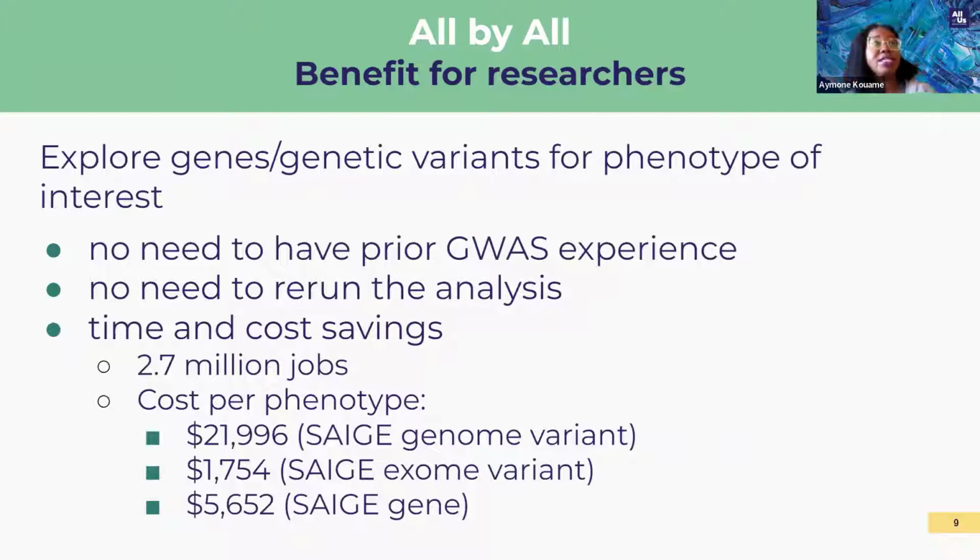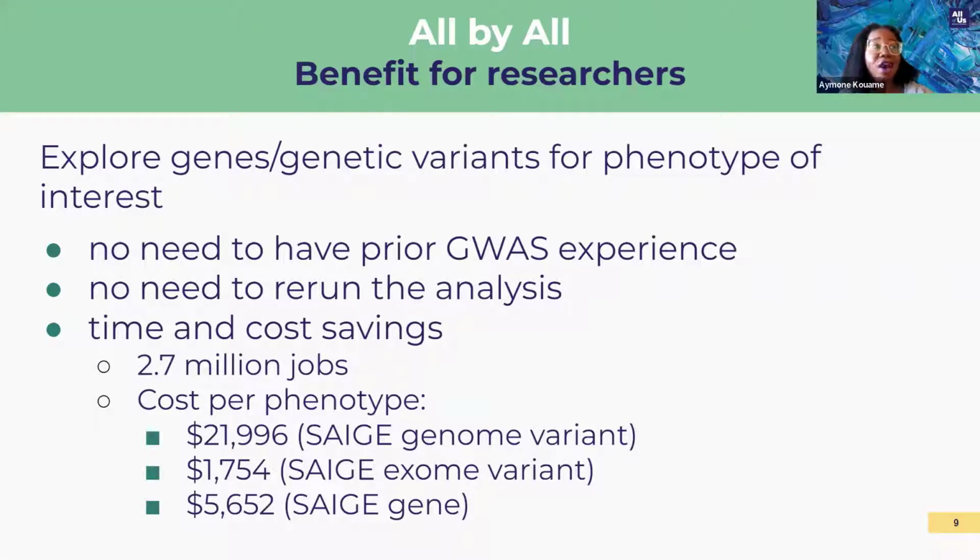Let me go back to the previous slides, because I want to talk about the benefits specifically for researchers. With the all-by-all results released to you, you can directly explore the genes or genetic variants that contribute to your phenotype of interest without having to rerun the analysis. You don't have to have prior experience with GWAS or RVAS, and you save a lot of time and cost. I got these stats from the previous all-by-all office hour, where they ran about 2.7 million jobs.